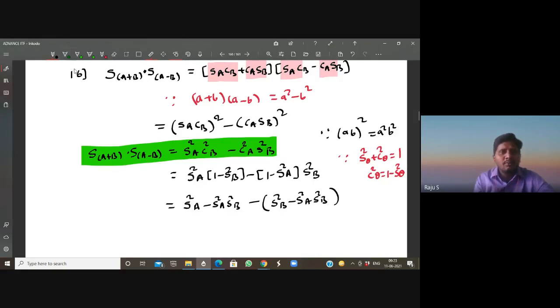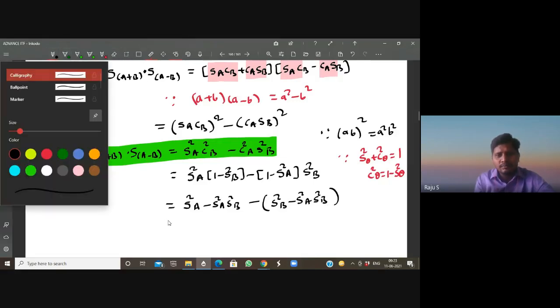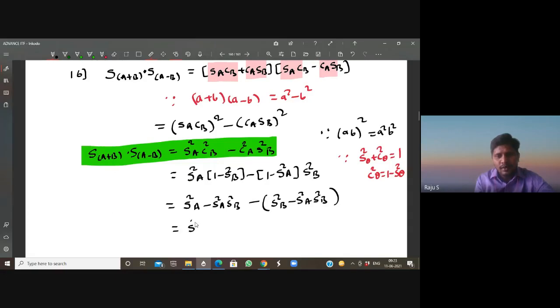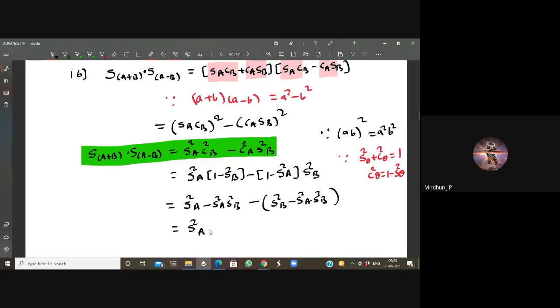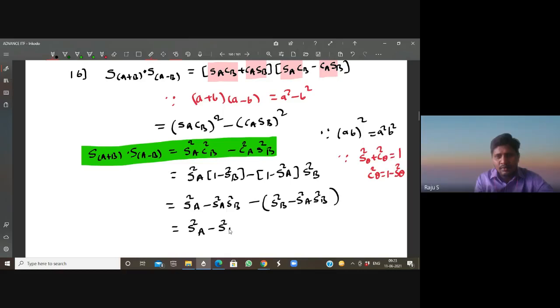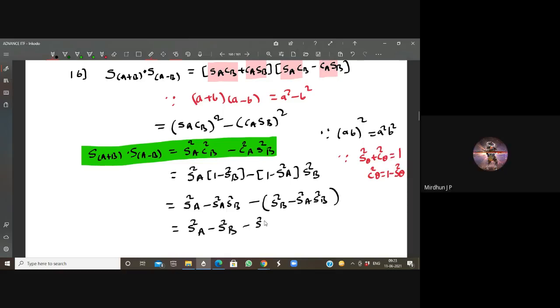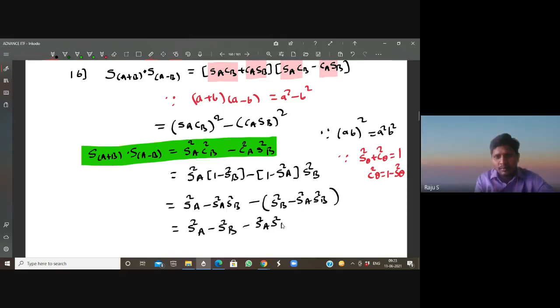Okay, what do you observe, students? Now sin square A minus sin square B, and minus times minus is plus sin square A sin square B. Shall I cancel these two? Here we can directly cancel, one is plus, one is minus.